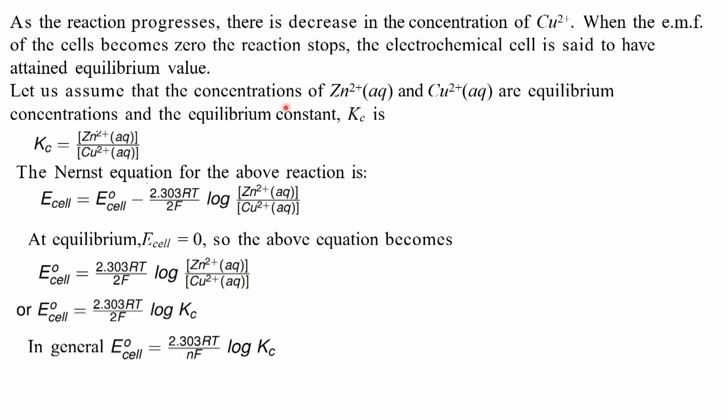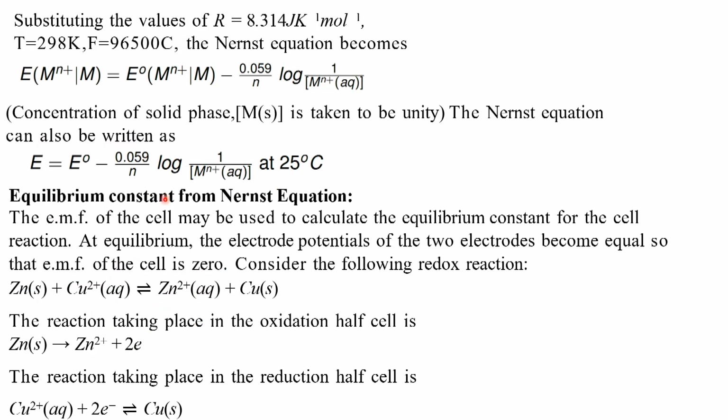Now let us assume that the concentrations of Zn2+(aq) and Cu2+(aq) are equilibrium concentrations and the equilibrium constant is Kc. Then we can write Kc = [Zn2+]/[Cu2+]. The Nernst equation for the above reaction is E cell = E° cell minus 2.303RT/2F log [Zn2+]/[Cu2+], where the number of electrons is 2.